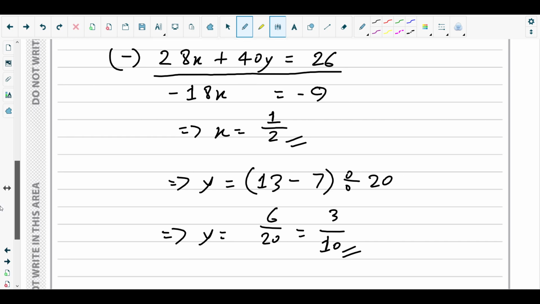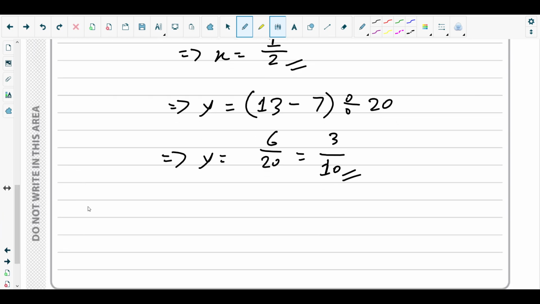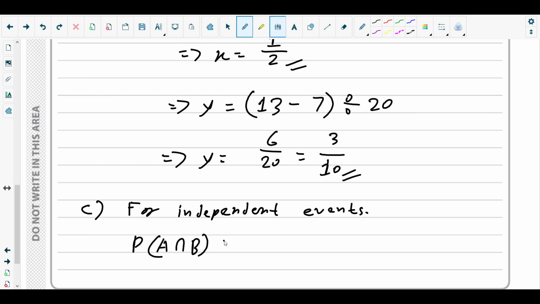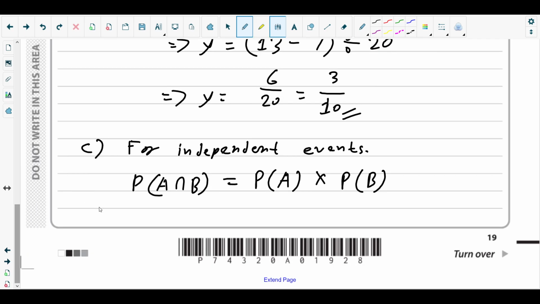For independent events, probability of A intersection B would be equal to probability of A times probability of B. Consider the right hand side.